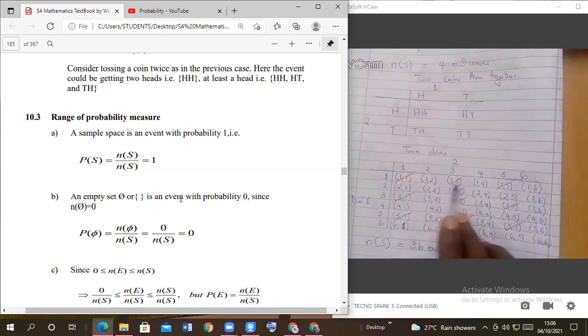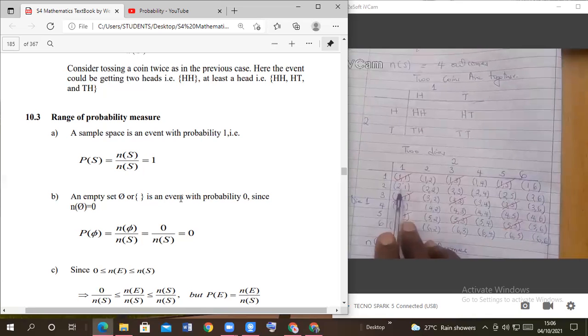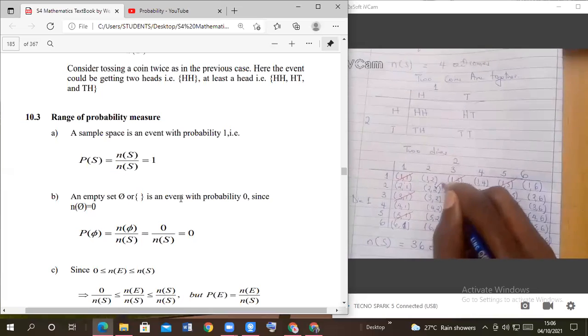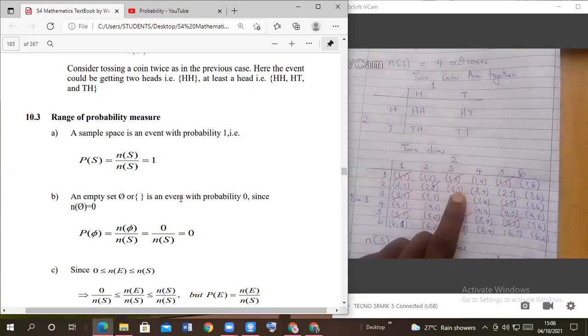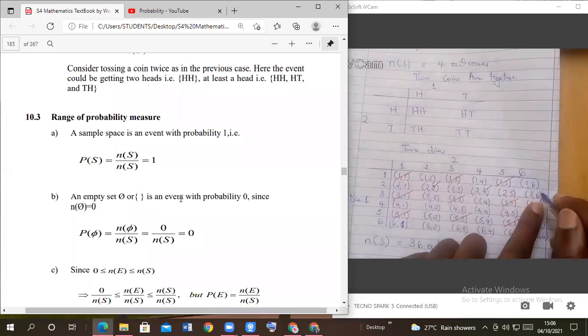Do you have it in the first line there? Are you seeing any? No. What about the second one? No. What about this one? Yes. That one is yes. What about 2, 4? Yes. Then 2, 6.